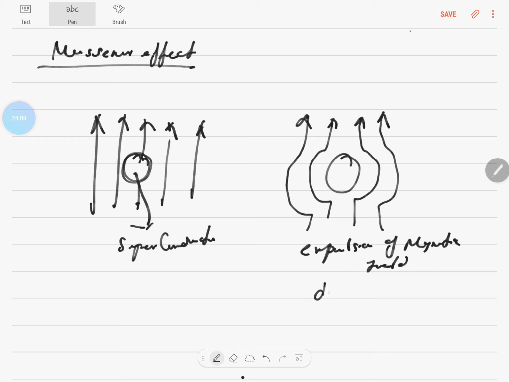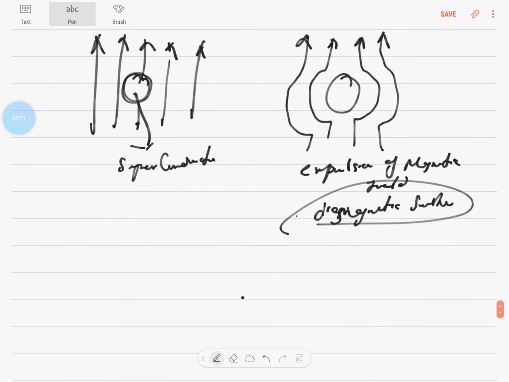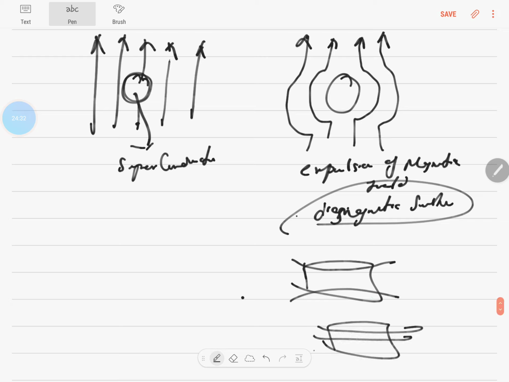Materials can be classified into dia, para and ferro depending on how the magnetic field lines go. A diamagnetic substance always expels the magnetic field, whereas in a paramagnetic substance a few lines go in. In a ferromagnetic substance, lots and lots of field lines go through.